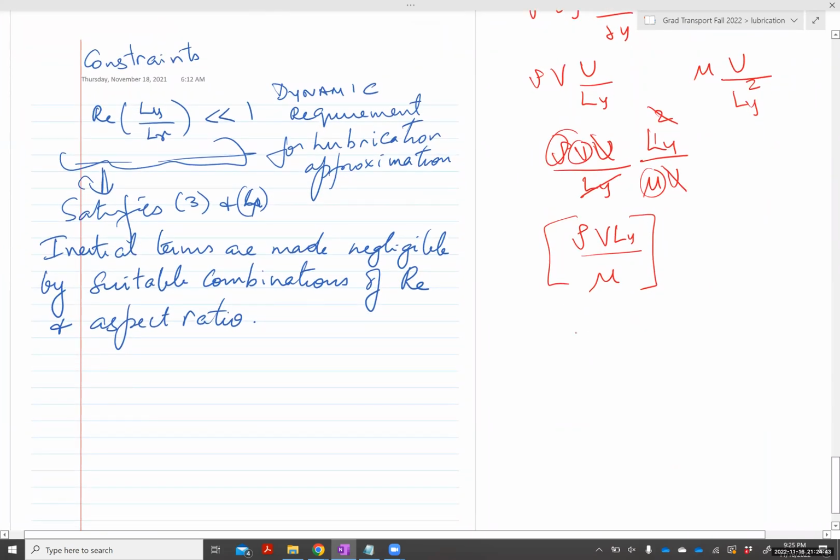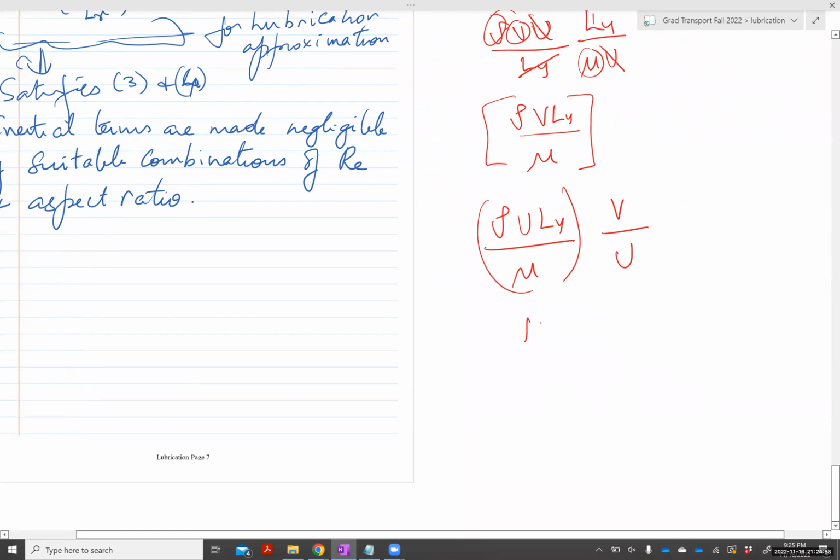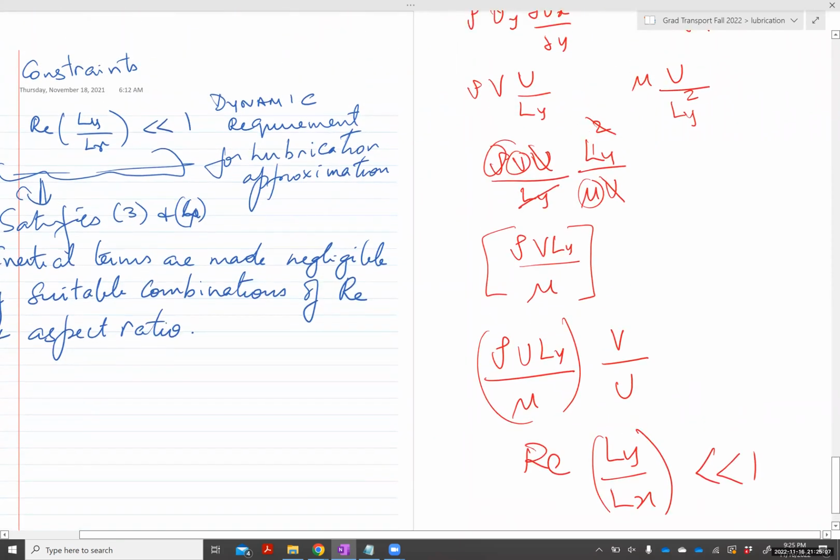Sorry, that makes sense. So that is nothing but rho u Ly over mu times V over u. So this is Reynolds number, and V over u is nothing but Ly over Lx, so much less than 1. It again comes back to the geometric constraint, right?